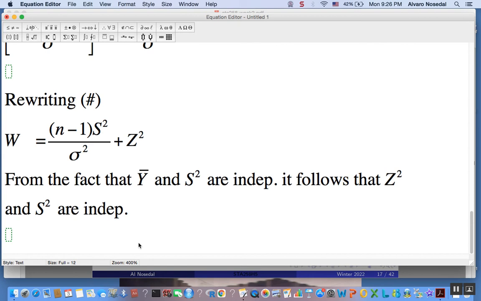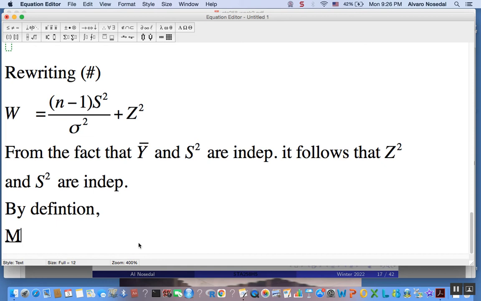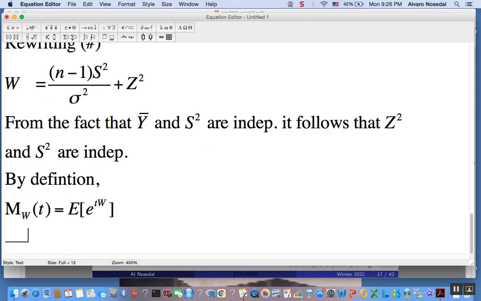Now, let's use the definition of MGF for W. By definition, the MGF of the random variable W is just the expected value of e to the power t W. Agreed? That's just the definition. We know that from STA258.